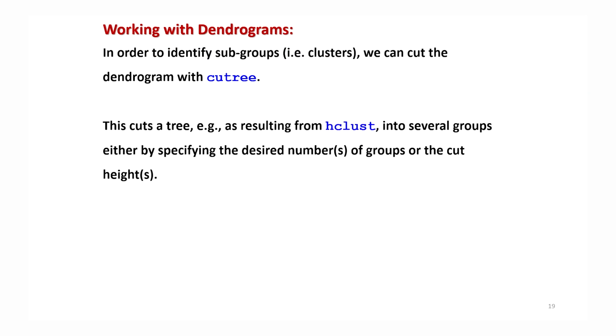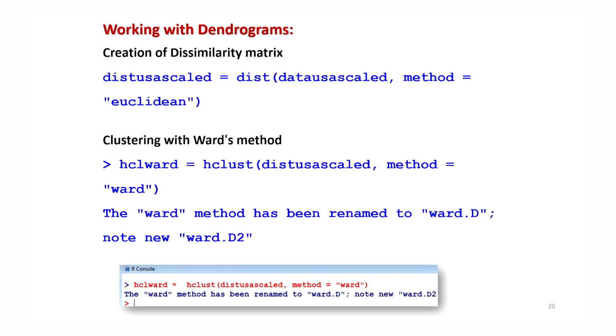Now, if you recall, in the last lecture, we had used this option, cutree. The cutree was used to identify the subgroups, by creating a horizontal line and defining the number of clusters we want, right? So the same thing I'm going to do here.